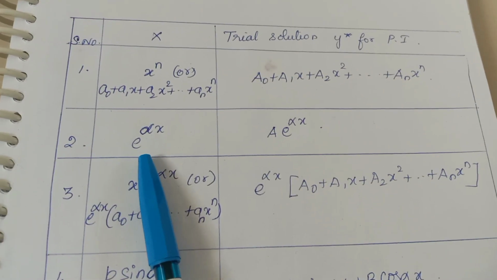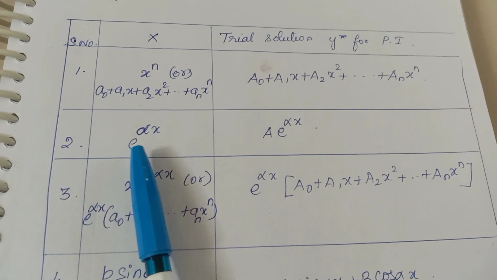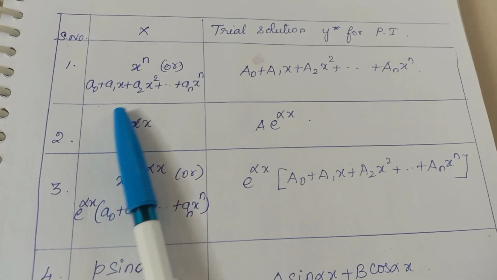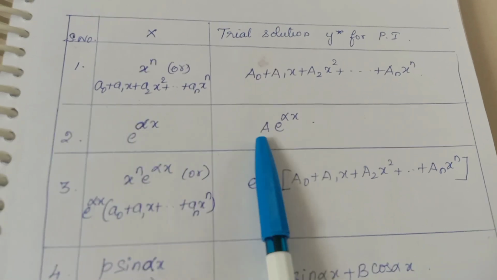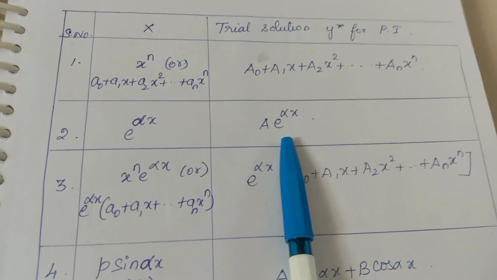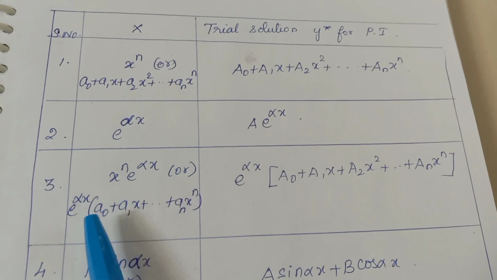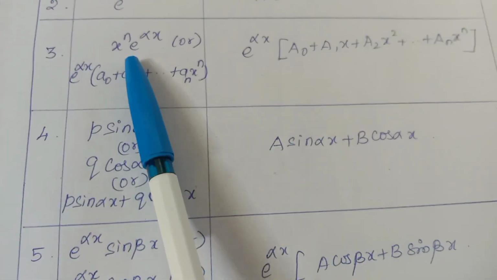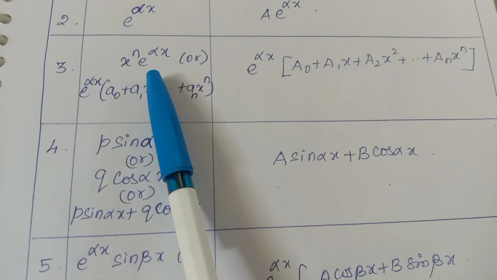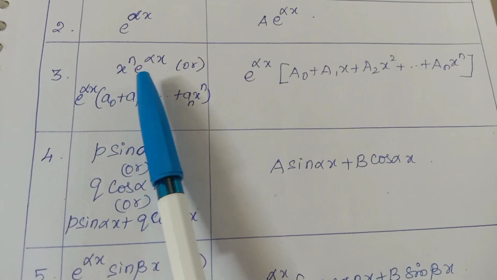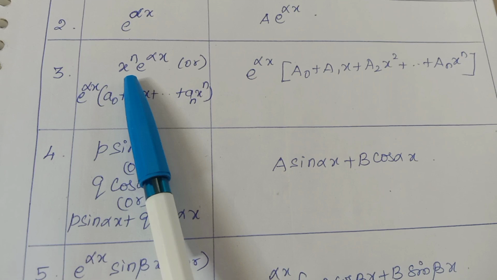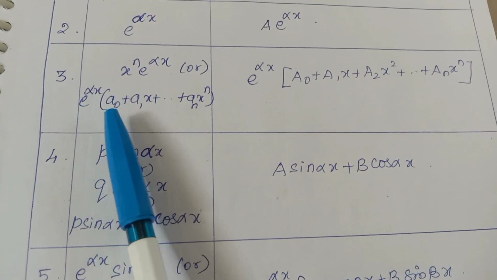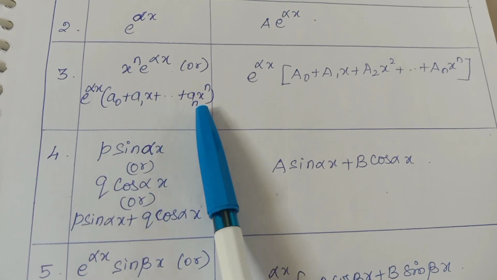The next one is when the right hand side is of the form e power alpha x, simply, no other terms. If it is simply e power alpha x, the trial solution is a e power alpha x. That's all. Then the third case is when the right hand side is of the form x power n e power alpha x, that is, e power alpha x with either x power n or a linear combination, e power alpha x into a0 plus a1x plus etc. an x power n.